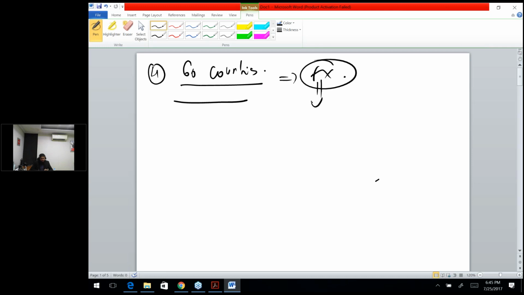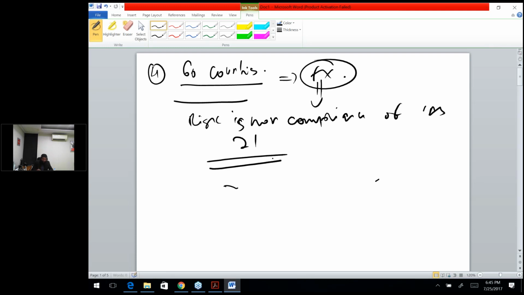Dealing with foreign exchange is actually an inherent risk, because the exchange rates fluctuate quite frequently. And when the exchange rates fluctuate quite frequently, you can end up using an incorrect exchange rate. Now if somebody says that the risk is non-compliance of IAS 21, that's not going to give you marks.